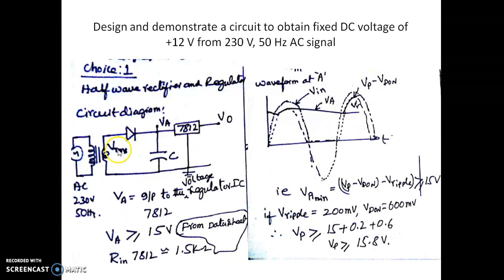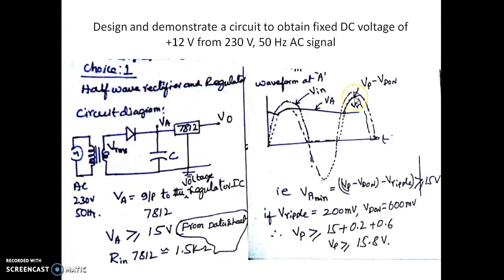We are supposed to design the rating of this transformer. We know that the minimum voltage available at the input of 7812 should always be greater than 15. That is VA minimum. The minimum voltage at this point is Vp minus Vd on, which is this peak, minus the ripple voltage. The ripple voltage is from here to here.